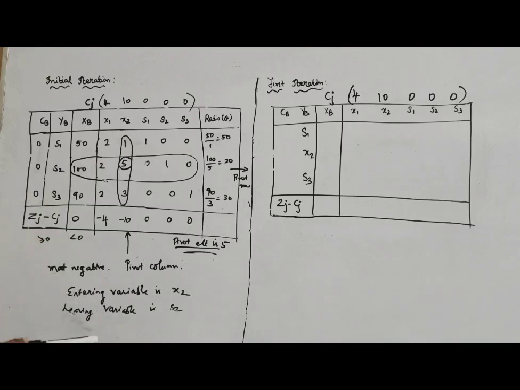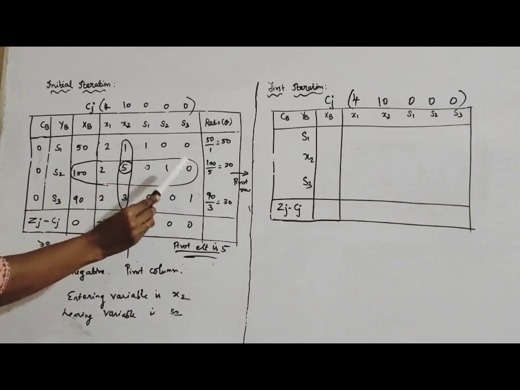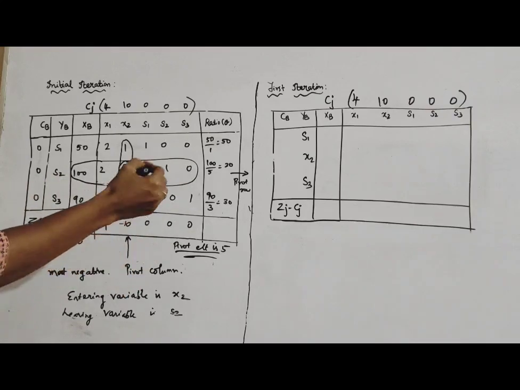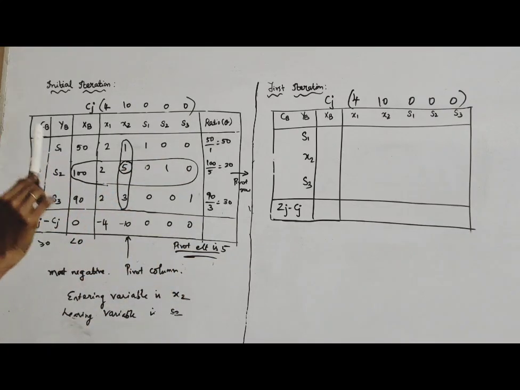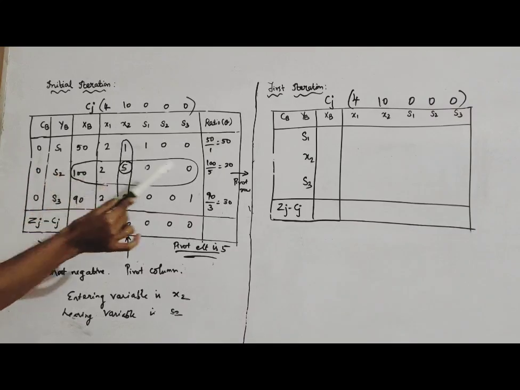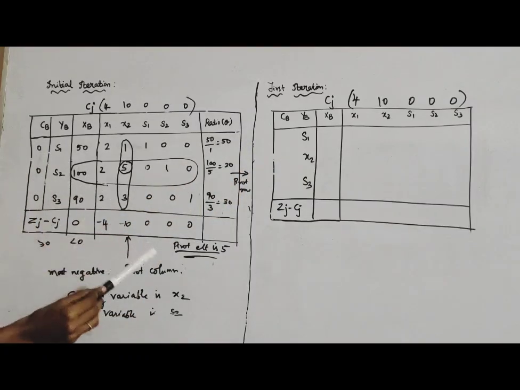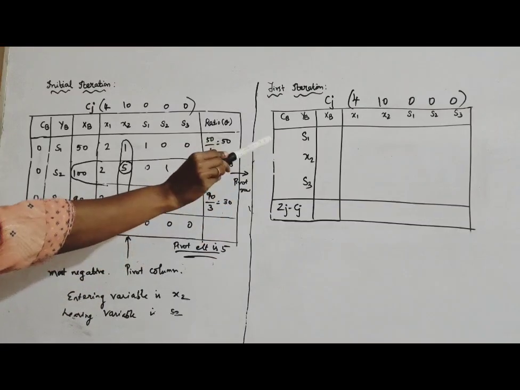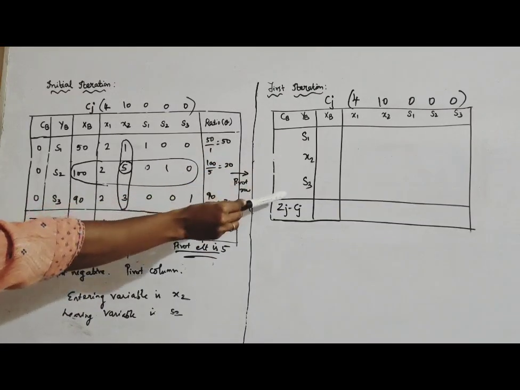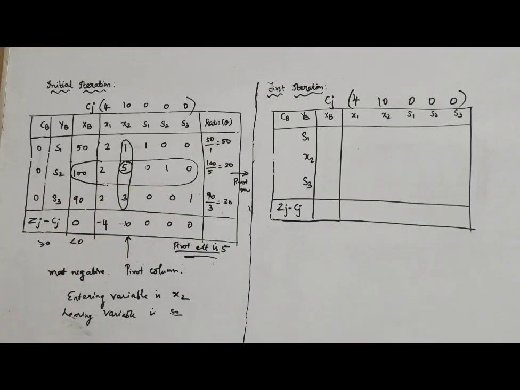In the first iteration table, you have to replace s2 by x2, and the remaining s1 and s3 variables are as they are. Therefore, there is no change in that.